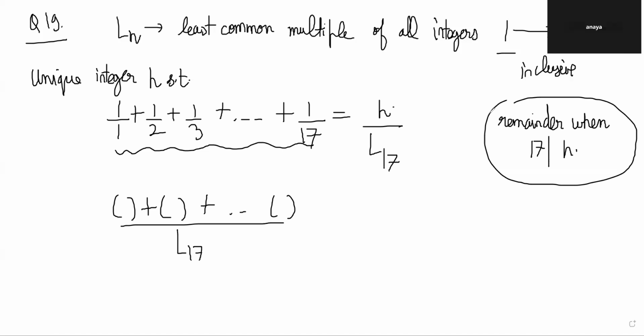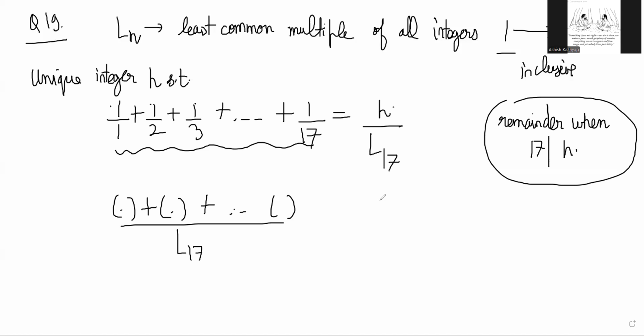Right. So the main idea here is if you can figure out the L17 value, then you can solve this question easily. Because then you can simply add the fractions and get h, right? Yes. H is going to simply be the sum of the appropriate numerators here, correct? Right. Yeah.